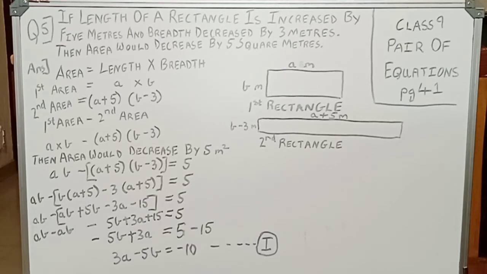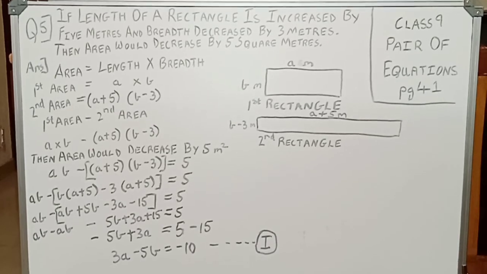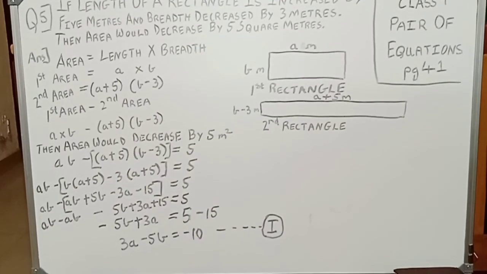So now minus 5b plus 3a we have to take from the top, and 5 minus 15 you will get minus 10.